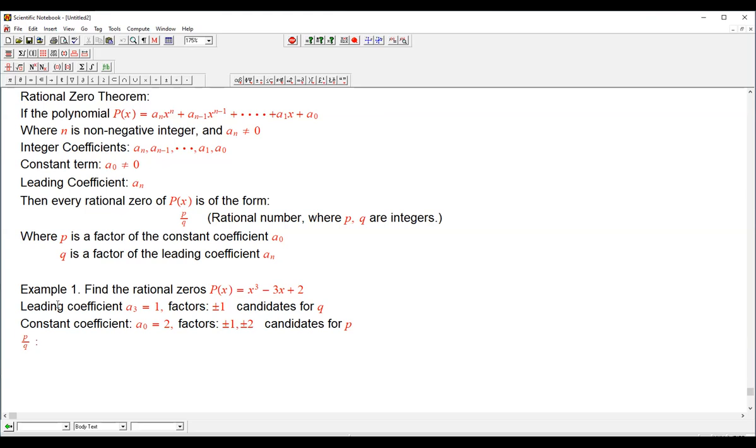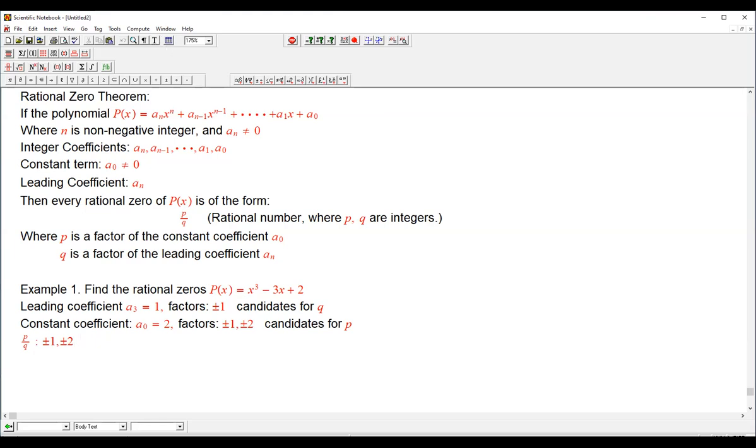So for each possible P and each possible Q, we're going to make those compositions. In the end, we get positive, negative 1, positive, negative 2. So we have 4 possibilities.